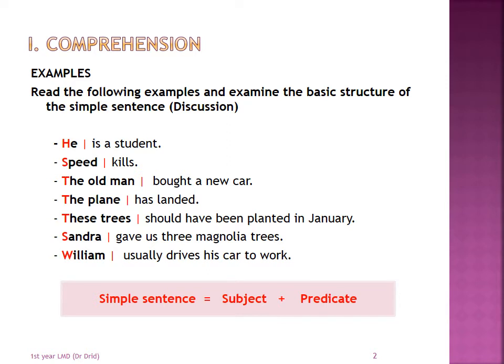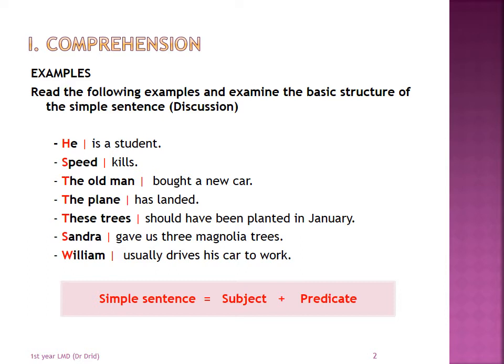So, speed kills. Speed is the subject, what we are speaking about here, and we say that it kills. This is the predicate. The old man bought a new car. We are speaking about the old man. What did we say about the old man? We said, bought a new car. The plane has landed.